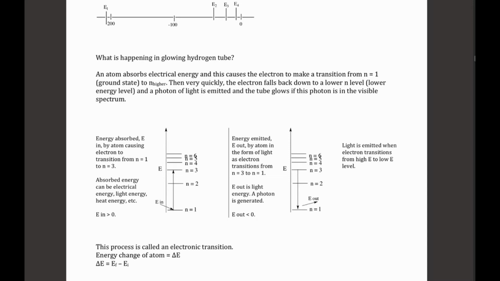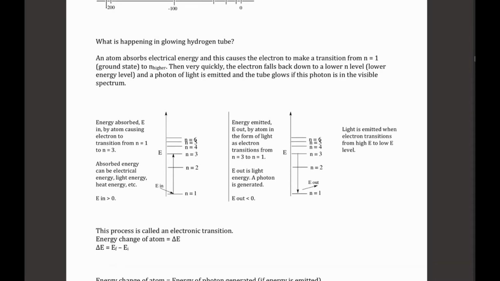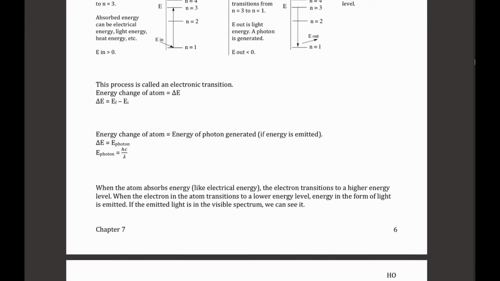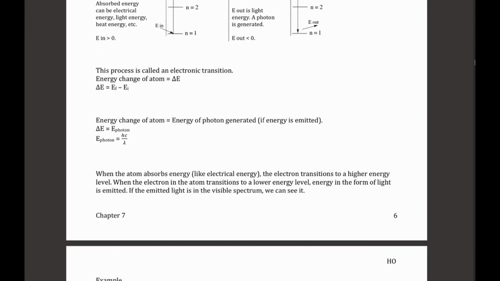The energy change of the atom is delta E, where delta E is E final minus E initial. The energy change of the atom is equal to the energy of the photon generated if energy is emitted.